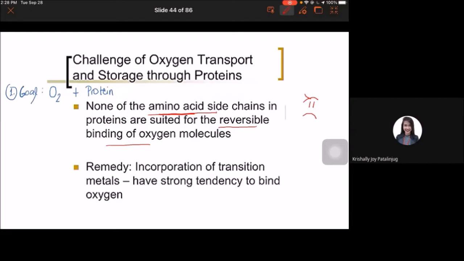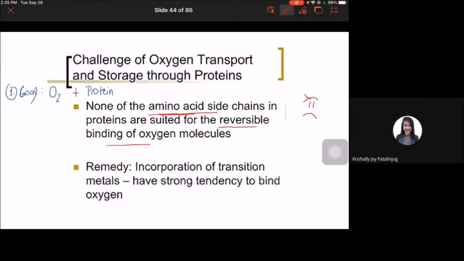I repeat, none of the 20 standard amino acids is capable of reversible binding. What does it mean? It means that when oxygen attempts to bind to a protein, it stays on that protein forever. It is not reversible. Supposedly, our goal is to distribute the oxygen to different tissues, to different cells. Upon arriving at the cells, it should give up the oxygen. But amino acids do not do reversible binding. Once the oxygen binds, it stays bound. That is the character of proteins, specifically amino acids.